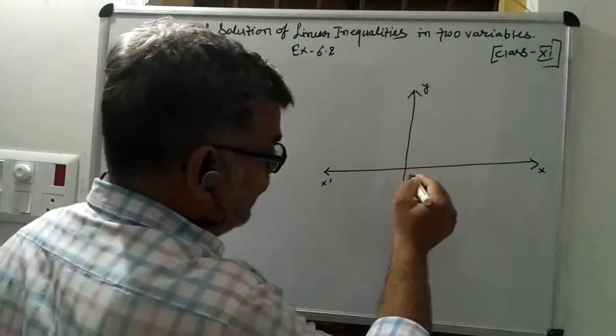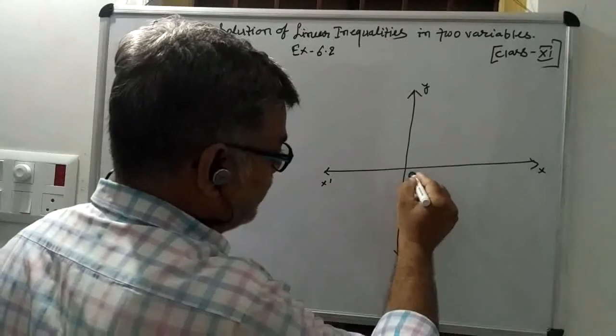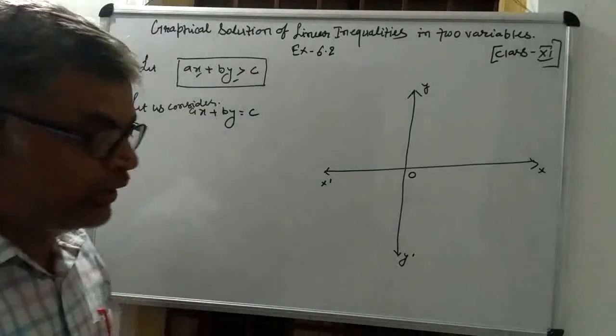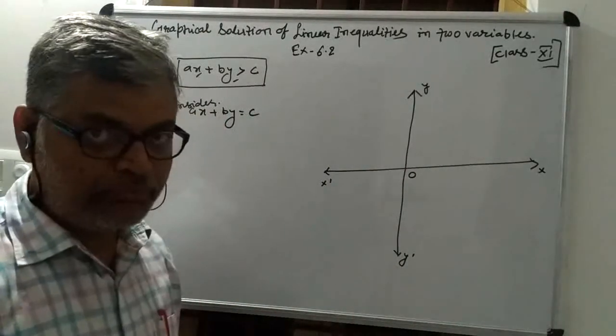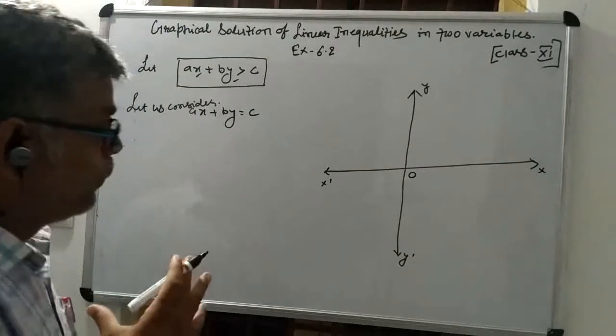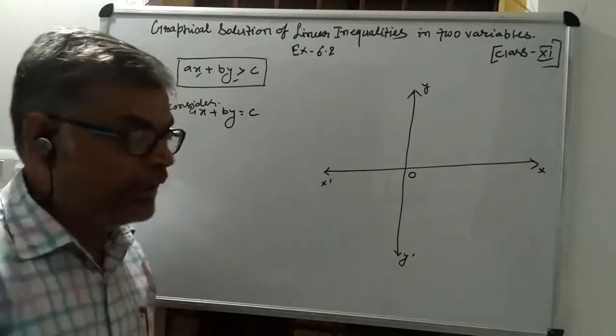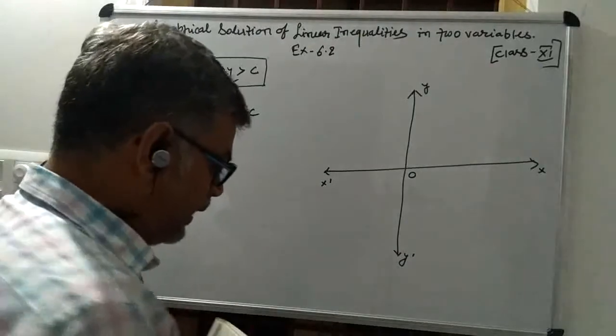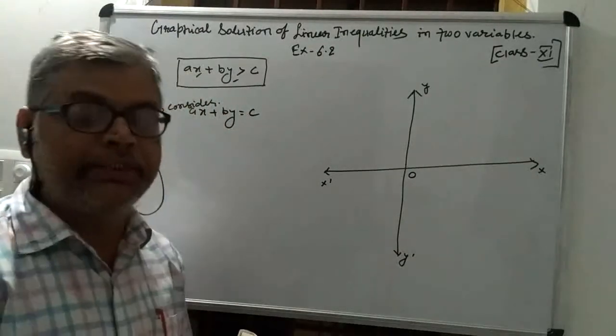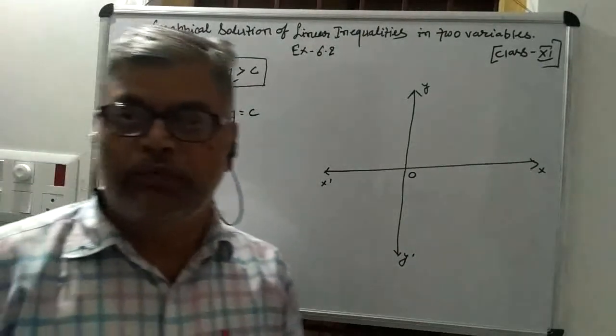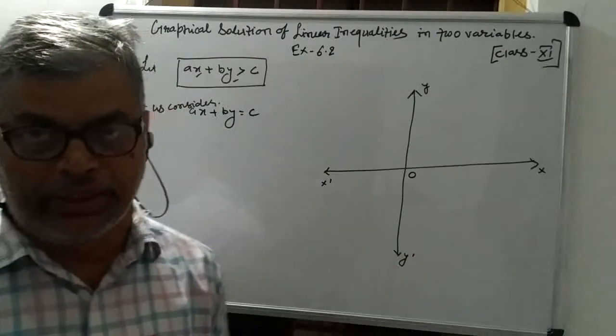The point where the x-axis and y-axis intersect each other is called the origin. So it is O. When you represent a linear equation graphically, you always get a straight line only.